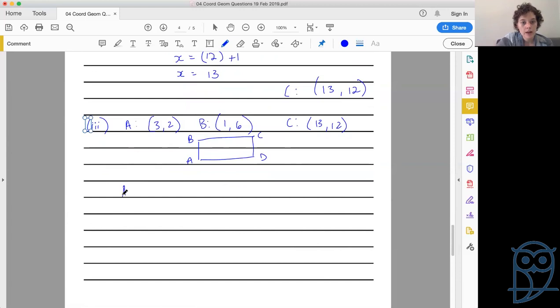So, AB equals, distance formula should be a good friend, square root of 3 minus 1 all squared plus 2 minus 6 all squared, which equals a square root of 3 minus 1 is 2. 2 squared is 4. 2 minus 6 is minus 4. Minus 4 all squared is 16. So square root of 20, which is 4 times 5, which is 2 root 5.